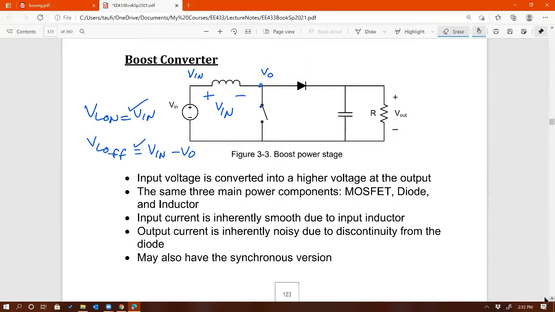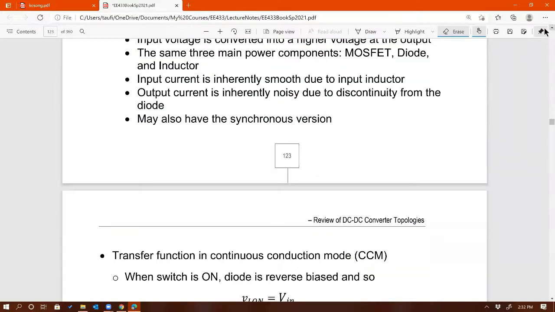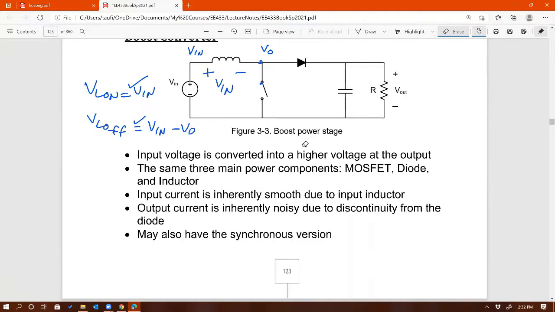Okay, thank you. And then I have some explanation on the properties of the boost. Boost means that the output voltage is larger than the input voltage. The input current is inherently smooth and the output current is choppy, because we have a diode that turns on and off.